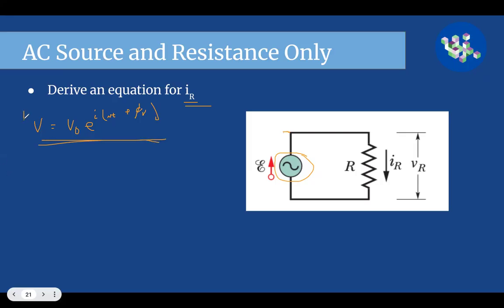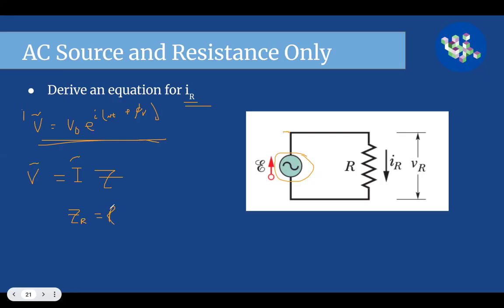If we have V equals V0 e to the i(omega t plus phi v), then use the complex impedance way: voltage equals the current, which we want to solve for, times the complex impedance Z. Just remember that Z, the complex impedance for a resistor, is just equal to its resistance.